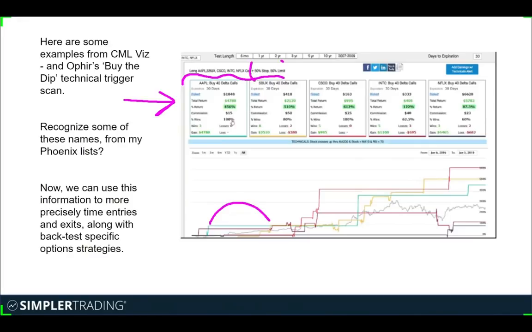Where should I buy my deltas and where should I put my stop? And what percent return am I going to get if I follow this exactly according to the plan, right? And of course, it's a guide, right? So it's a mathematical guide, and he can get into that a little bit more. But this is a great way to go back and check your work.